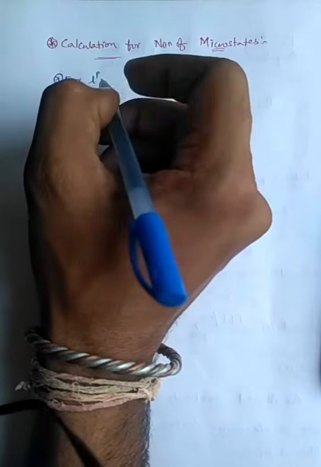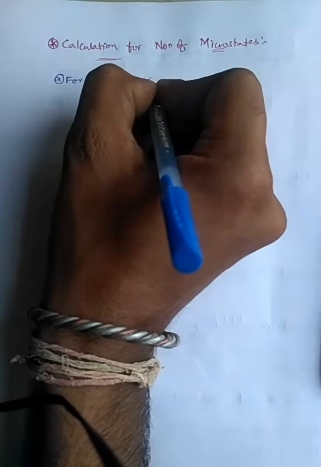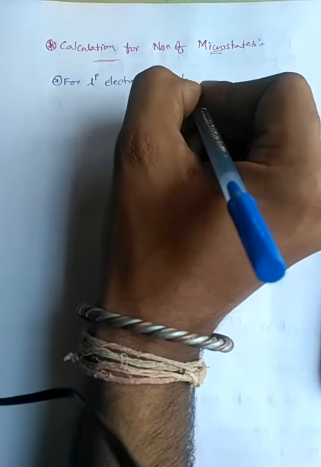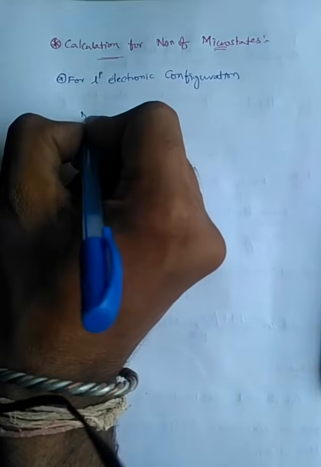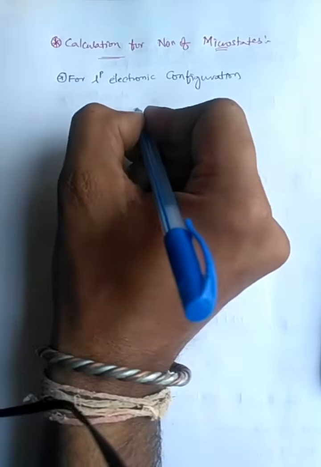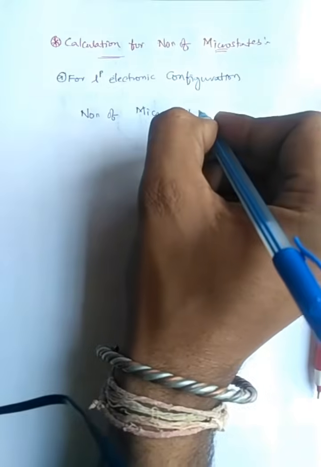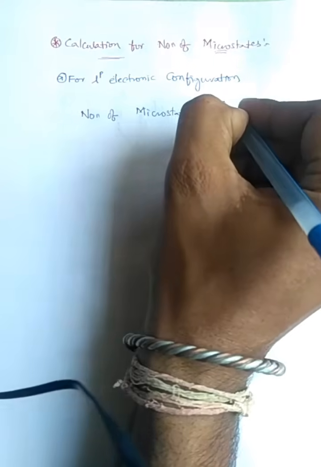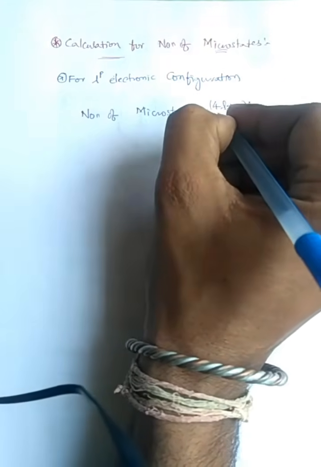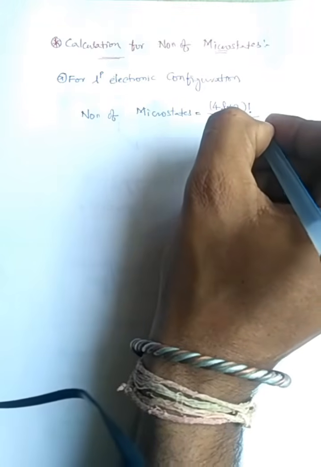For that configuration, the number of microstates is calculated using the formula (4l+2)! divided by p! multiplied by (4l+2-p)!, right?